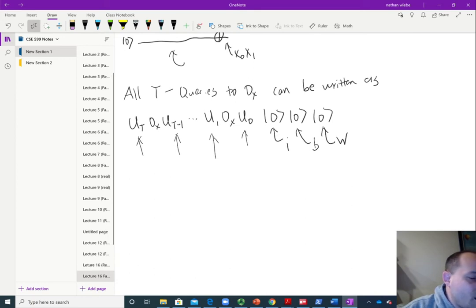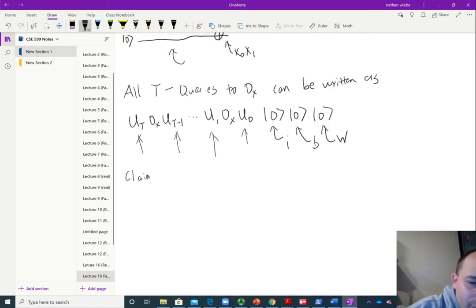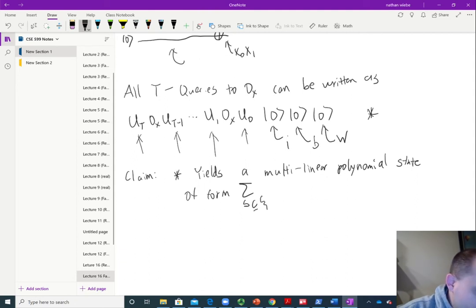Okay, so that is basically the form for this. Now, claim: this expression up here, star, yields a state of the form sum over S contained in {0, ..., n-1}.